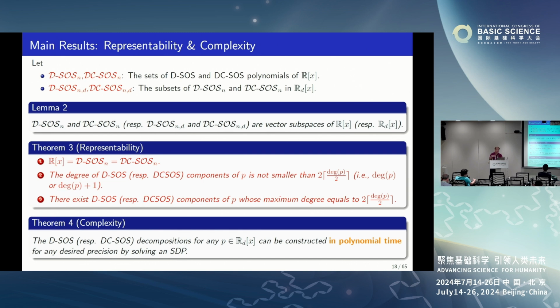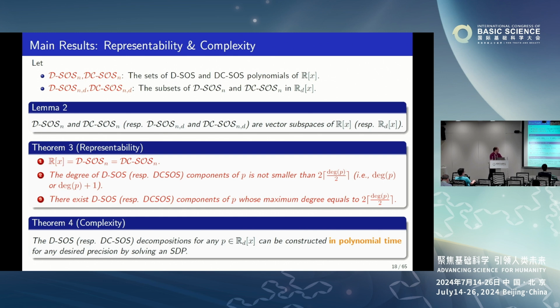But if it is odd, it is the degree of P plus 1, because squares must have even degree. The third point is that it is not only not smaller, but there exists a decomposition whose maximum degree is exactly equal to this. So we can obtain the optimal decomposition.